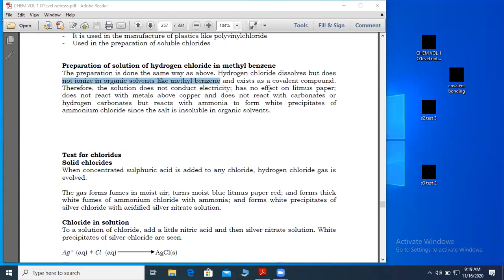It still exists as a covalent compound. So if it exists as a covalent compound, you know one of the properties of covalent compounds is that they do not conduct electricity. So a solution of hydrogen chloride gas in methylbenzene does not conduct electricity.